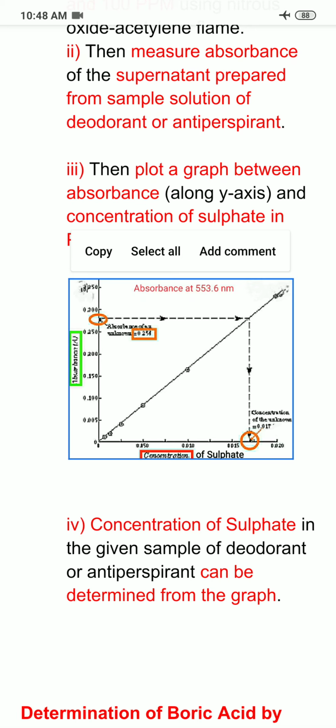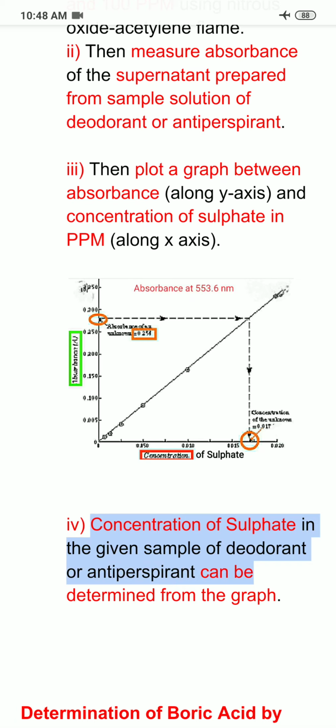So this is how you can determine the concentration of sulphate in the given sample of deodorant or antiperspirant. Thank you.